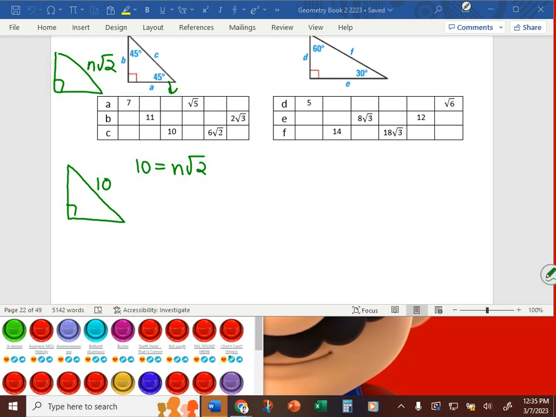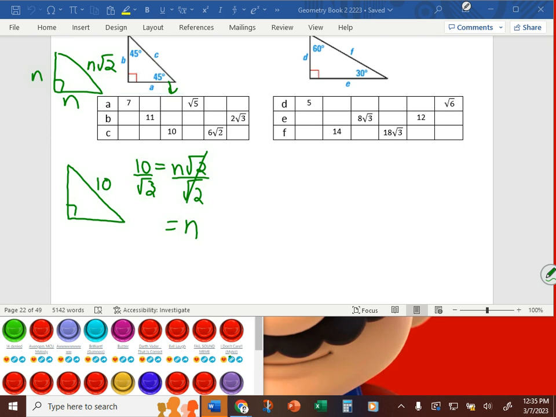N. The legs are the n sides, which means that if the hypotenuse is equal to 10, which is the n root 2 side, we can use a little bit of algebra. Divide both sides by root 2, and that's going to give us whatever n is.